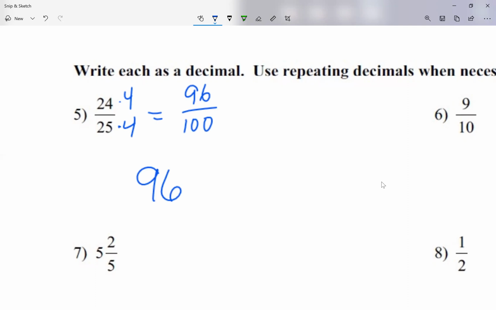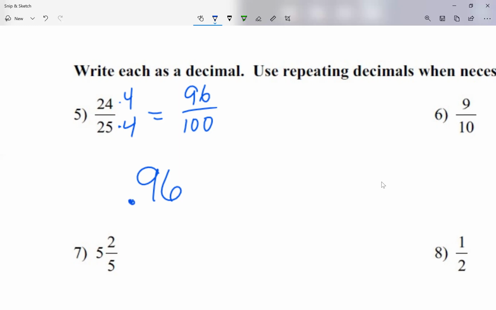Now, my decimal, let me write my 96 first. That's going to be part of my decimal. Now, look at the number at the bottom of the fraction. Look at how many zeros it has. It's 100, in this case 2 zeros. My answer will have 2 decimal places, which means 2 numbers after the decimal point.